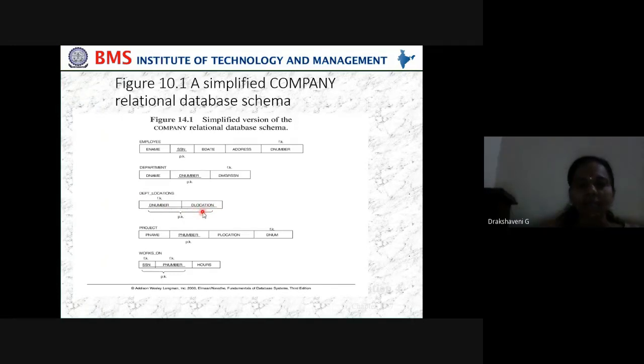When we combine two, it becomes a composite attribute. To uniquely represent the records in department location, we should have two columns as the primary key, D number and D location. D number is also a foreign key from the department table. That is how department location is done.